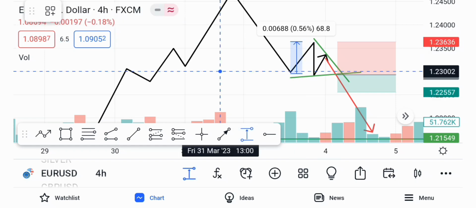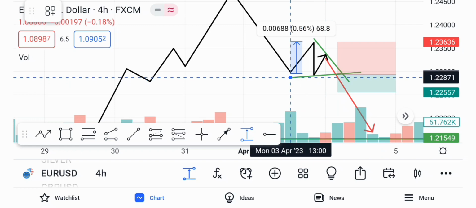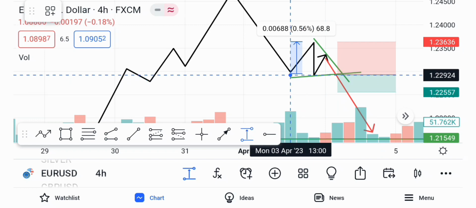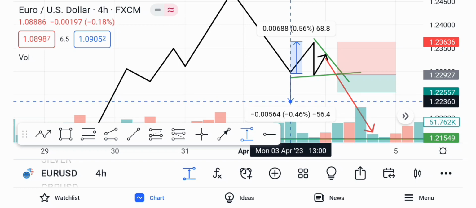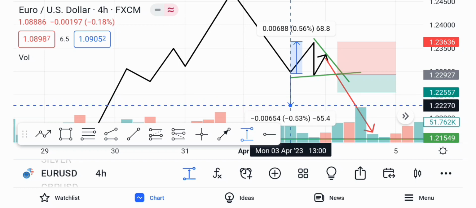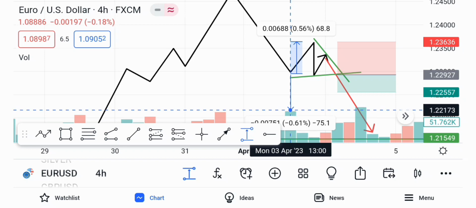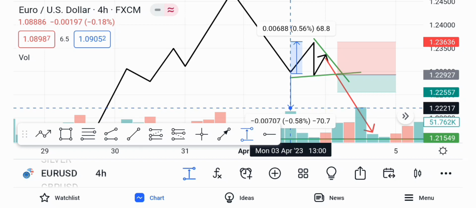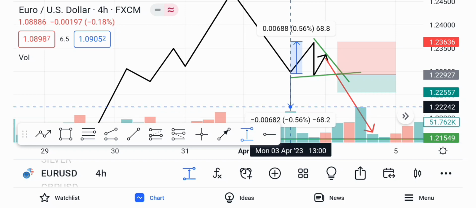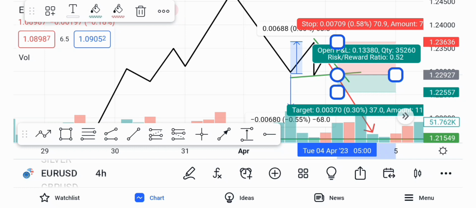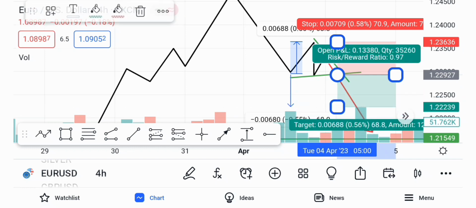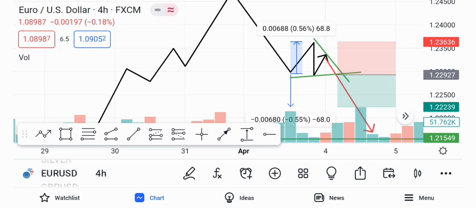So in other words, this is your profit target. That's our profit target. So if you're looking to make a big move, this will help you out a lot.